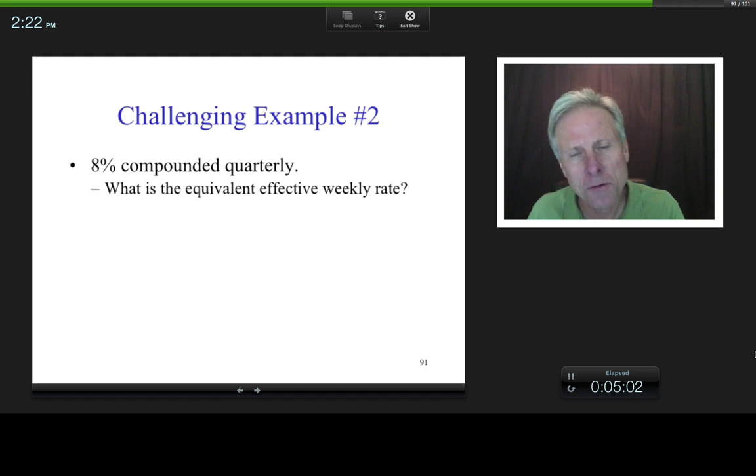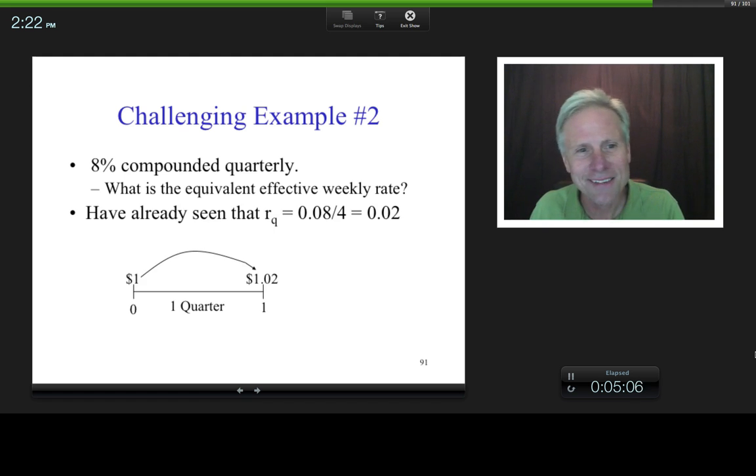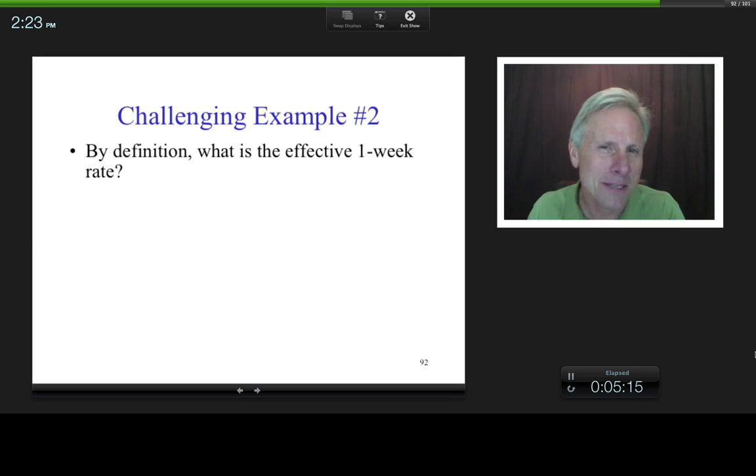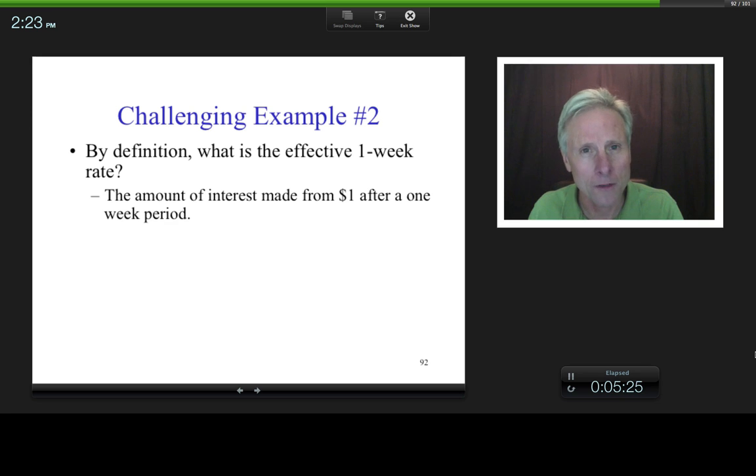So now we also are going to need a weekly rate. Now we've already seen that 8% compounded quarterly means we have an effective quarterly rate of 2%. And by definition, what is the effective one week rate? Well, the amount of interest made from $1 after 1 week, right?